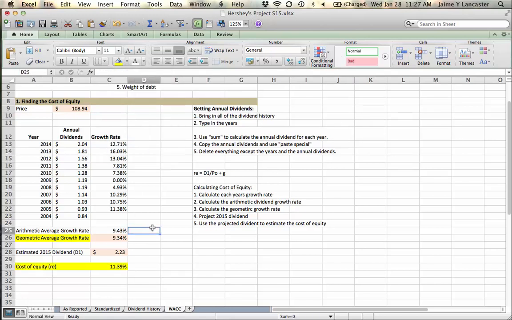So when Hershey's is thinking, how much return do I need to give my shareholders in order for them to continue to invest in my company? They can look at today's share price and assume that these dividends growing at the rate that they're growing, balanced with the share price, mean that investors getting this rate of return are happy, right? Because that's what they're paying.